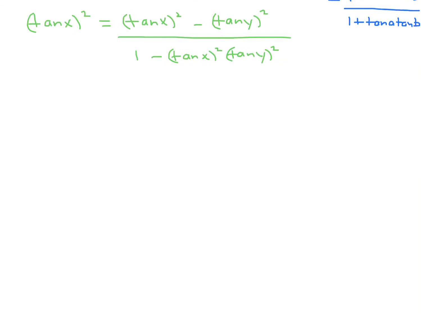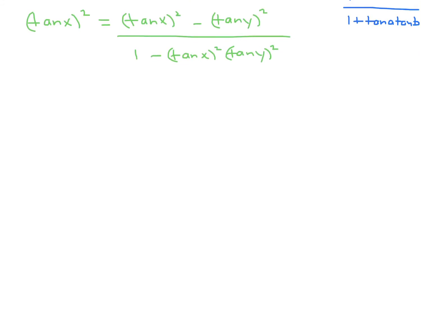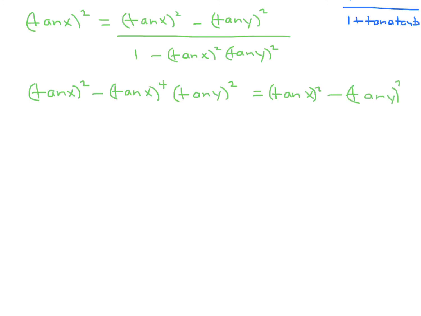Okay, good. So at this point, I think, let's see, we cross multiply most likely. So that gives you the tan of X squared minus the tan of X to the power of 4 times tan of Y squared. And that is equal to the tan of X squared minus the tan of Y all squared. Tan of X squareds go, these guys here.